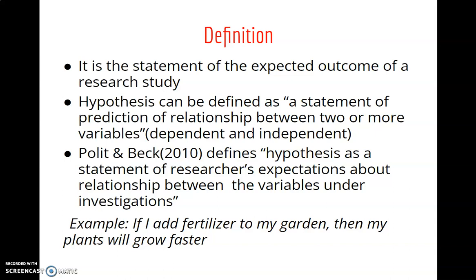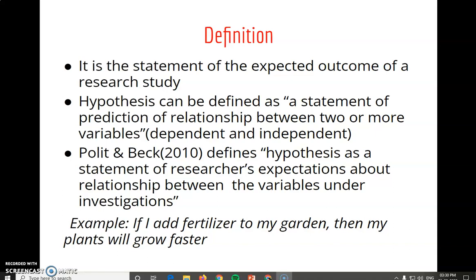So whatever variables taking part in the research, if you predict a relationship between those two variables, we call it a hypothesis. According to Pollitt, he defines the hypothesis as a statement of researchers' expectation about relationship between the variables under investigation.